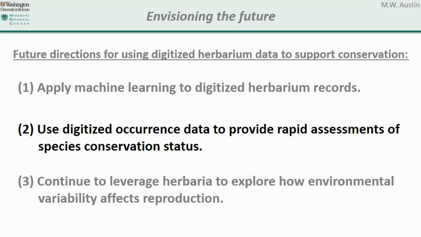All right, the second way that I plan to use digitized herbarium data in my future work is by using digitized occurrence data to provide rapid assessments of species conservation status.